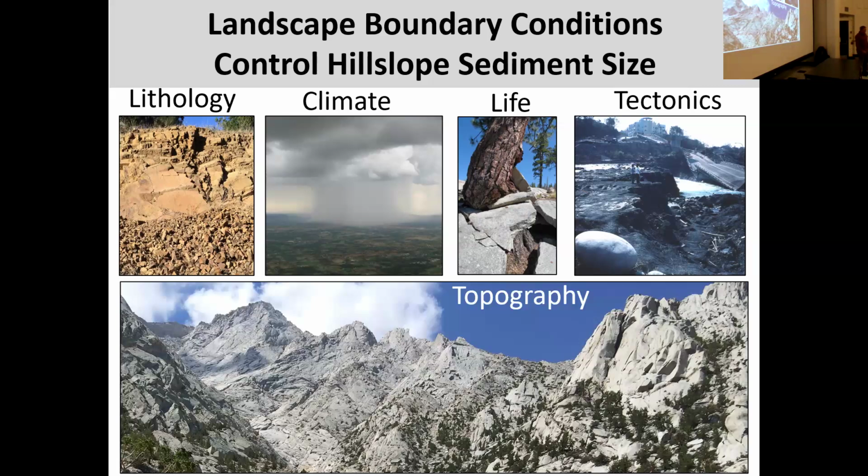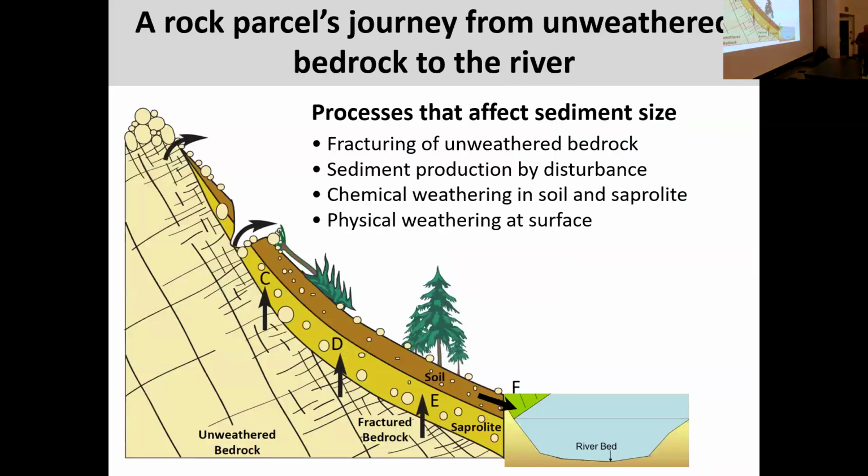Now, there's a lot at play, and so I have a way of trying to talk through the processes that might matter. We think about a rock parcel, a chunk of deep rock coming up, being exhumed by erosion of material above it, and it encounters the near surface environment and ultimately the surface. And as it does that, it's transformed from unweathered bedrock to fractured bedrock.